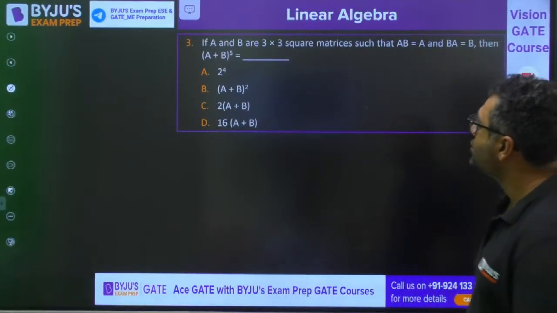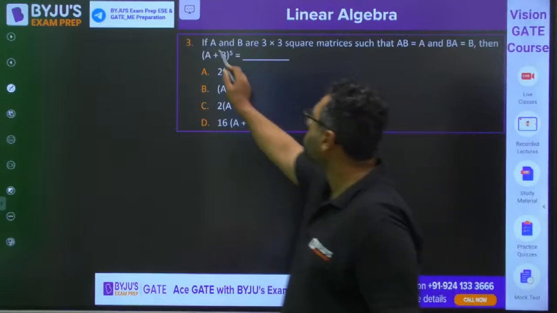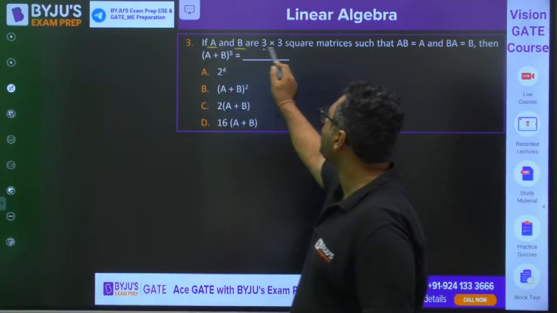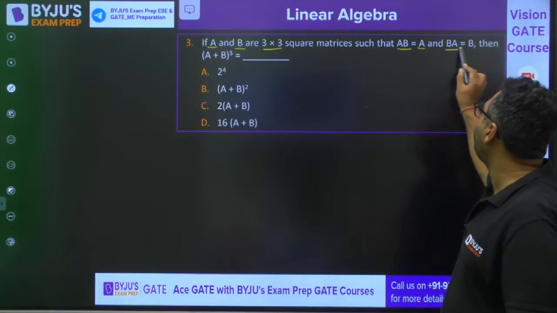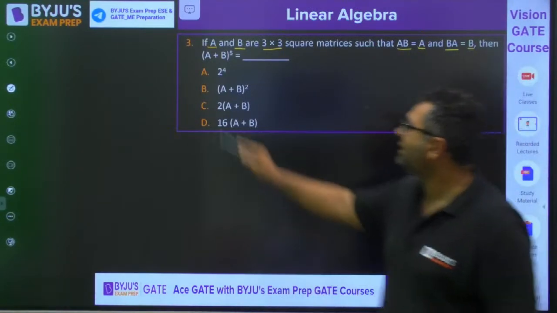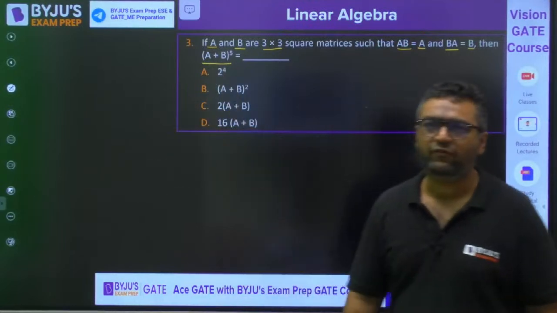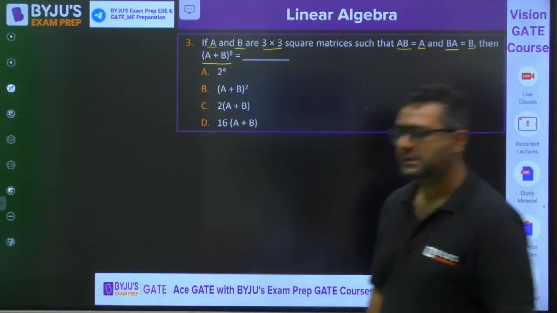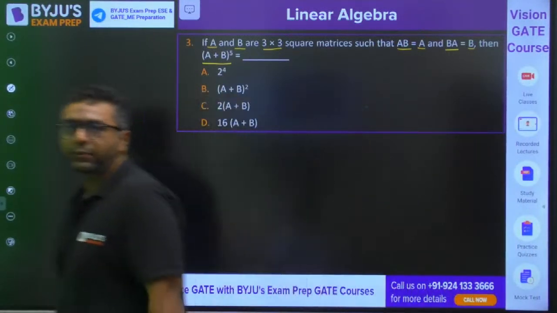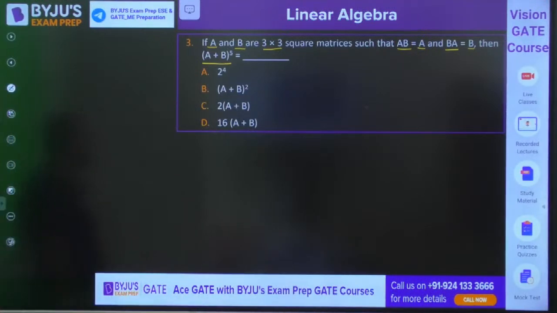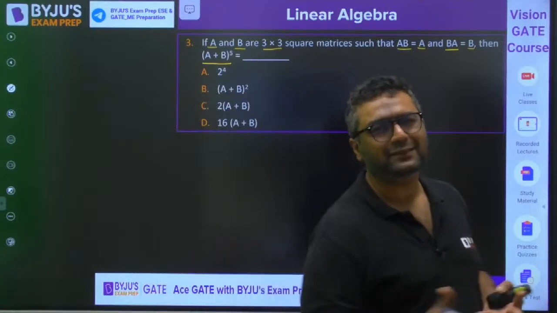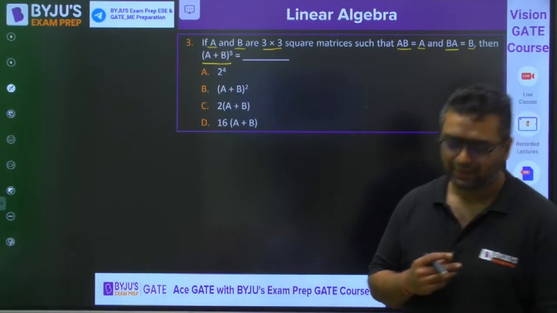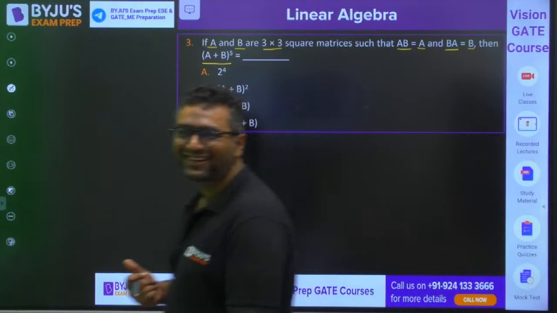Great. So guys, here they are saying that A and B are 3 cross 3 square matrices such that AB is A, BA is B. Then what is A plus B to the power 5? Will you try this? Because I find that in mathematics, the more we practice, the more we learn. And in mathematics, generally students are not interested in theories.